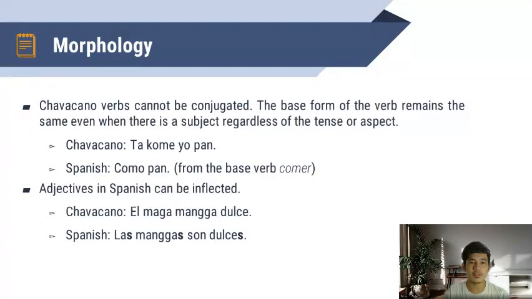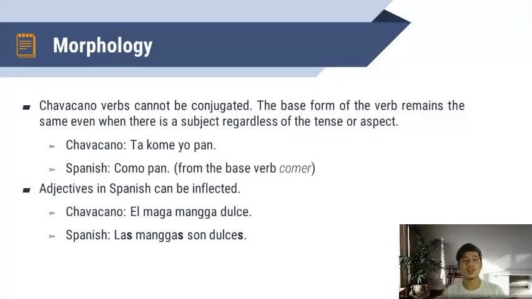So it is said that the verb comer undergoes a word formation process and turns into como pan. So the verb comer in this statement turns to como. So the letter O in this verb actually denotes that the subject is yo.